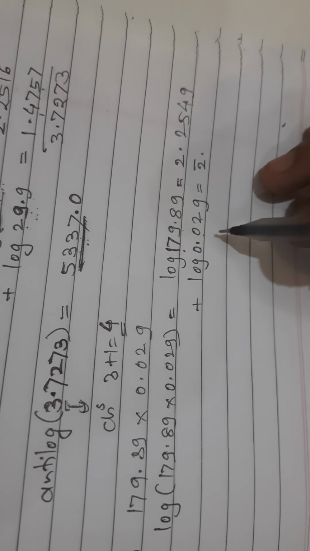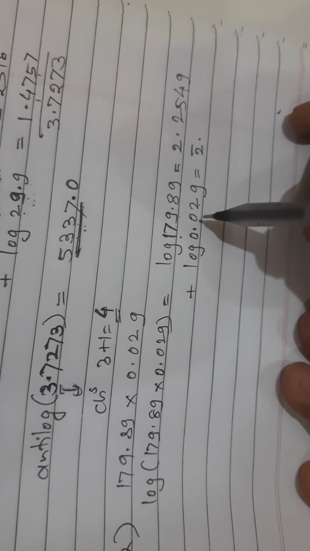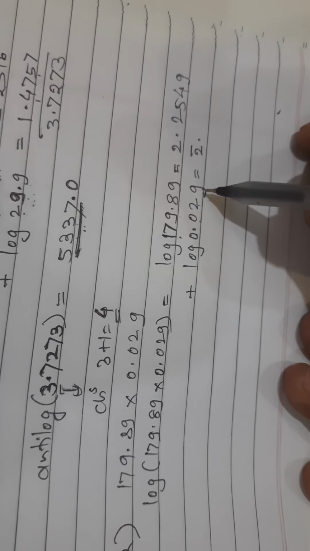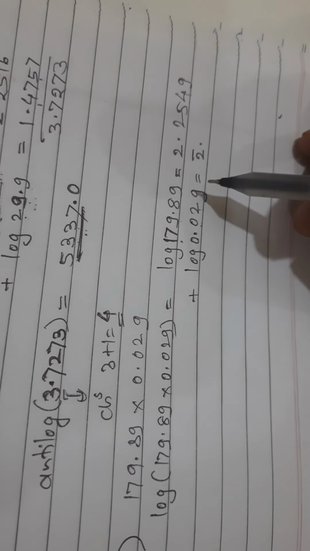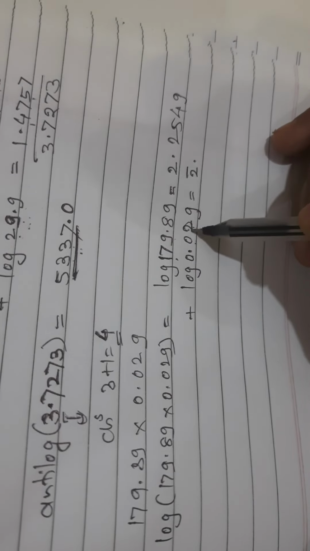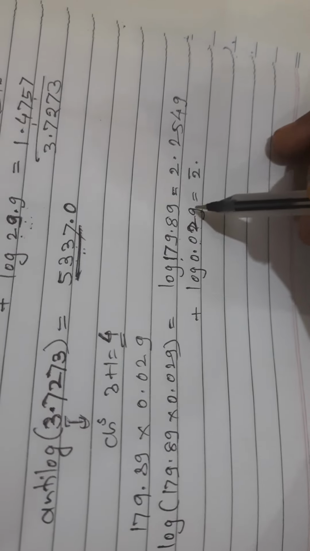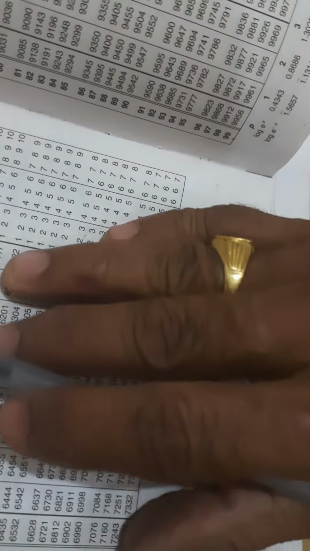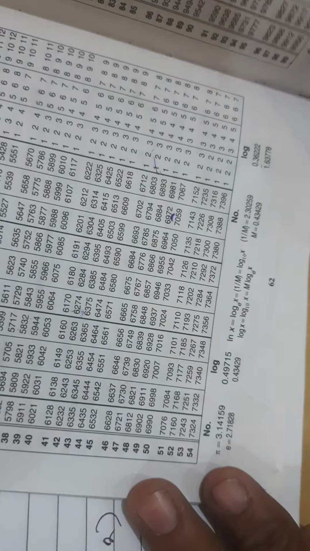Now for this number, where does it start? 0.29. Then 0.2 in 9. 29 is the integer, and start the 29 here. After 29 there is no number, therefore 29 in 0, that is 4624.